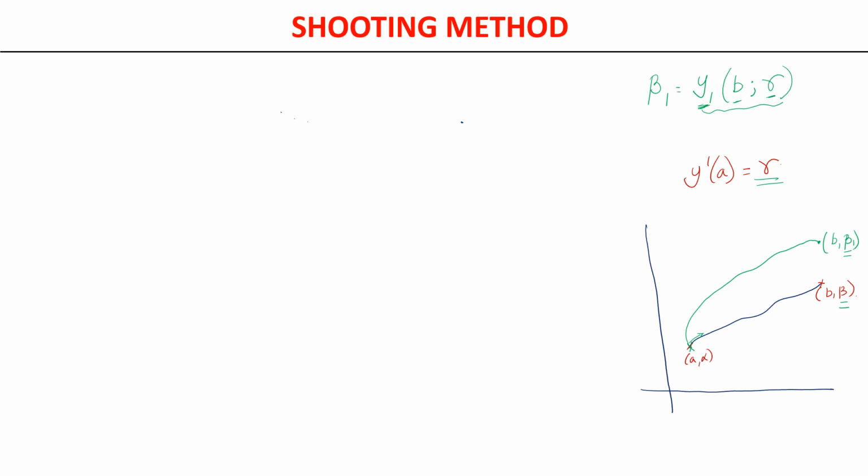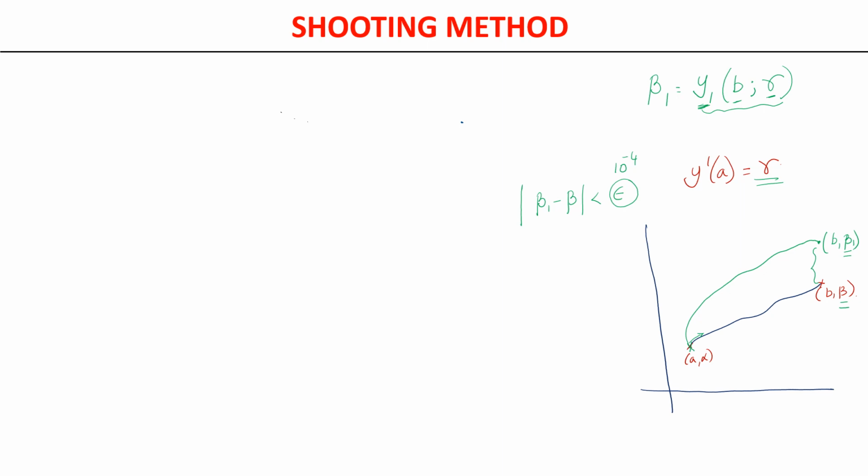Now, this is only a rough figure, but if the distance between beta 1 and beta is less than epsilon, where epsilon is the precision or accuracy that we are looking for, you could choose it to be less than 10 power minus 4 in general. Sometimes you even take it as 10 power minus 6.